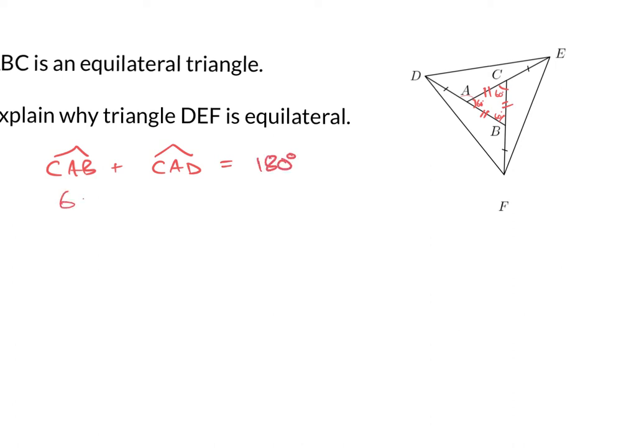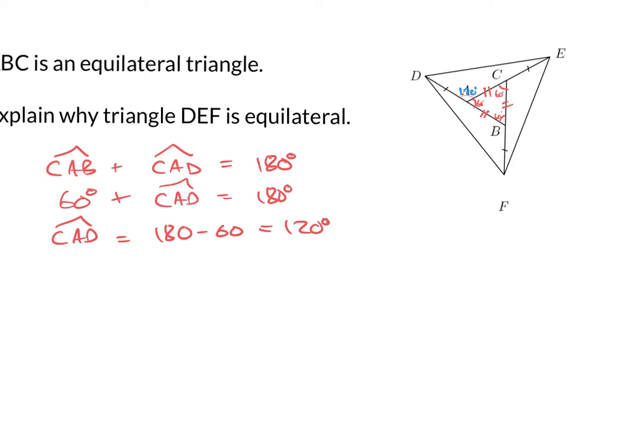CAB is 60, so 60 degrees plus CAD equals 180. CAD equals 180 take away 60, which is 120 degrees. So I know that that angle is 120 degrees. I'm going to write it in blue.